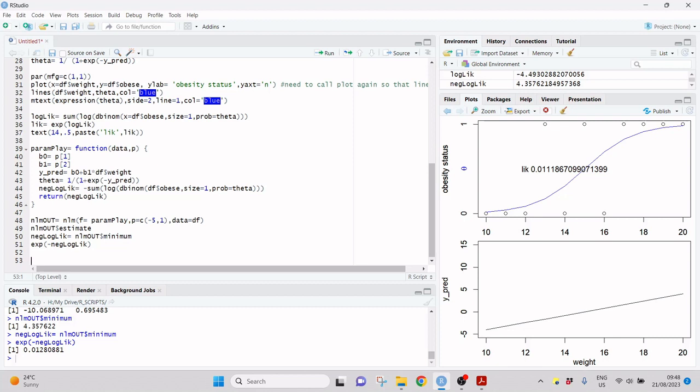Still, typically this is not what people would do. As I said, this logistic regression extends further to the general idea of general linear models.